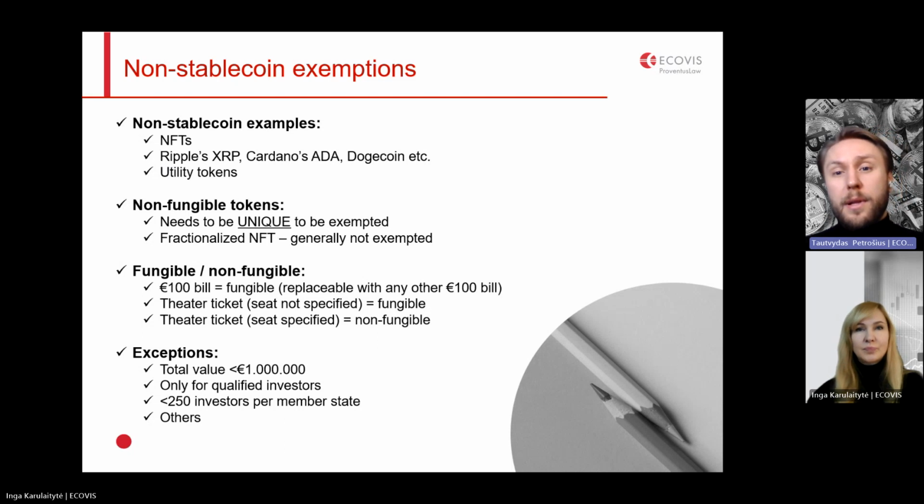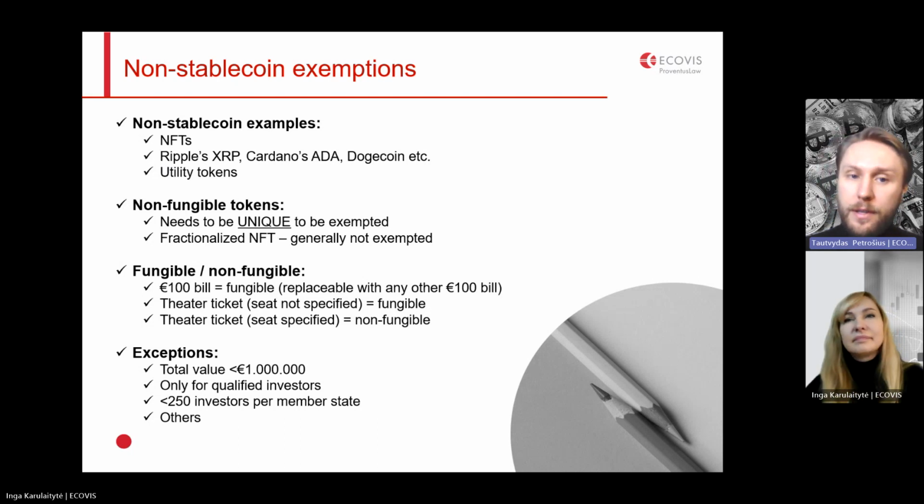So these exemptions apply only in some limited circumstances, like if the issued crypto assets' offer value is below 1 million euros, the offer is available only to qualified investors, or a very limited number of investors in each member state. Some further exemptions apply to crypto assets that are offered for free, or if they are automatically created as a reward for the maintenance of the DLT.